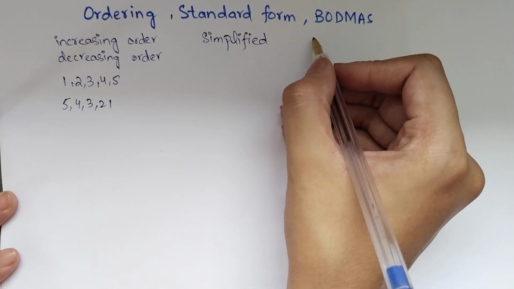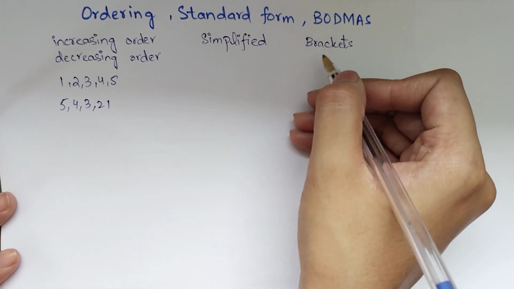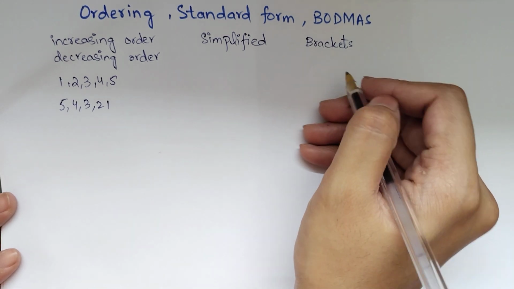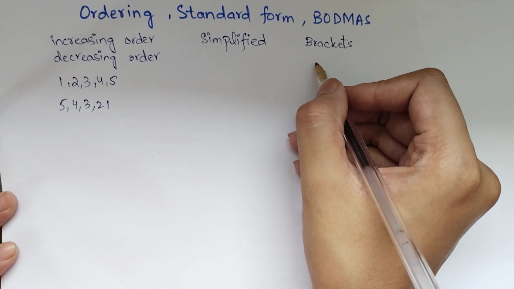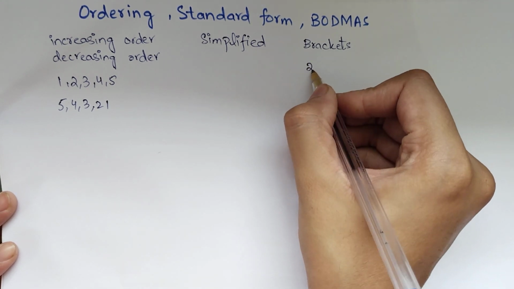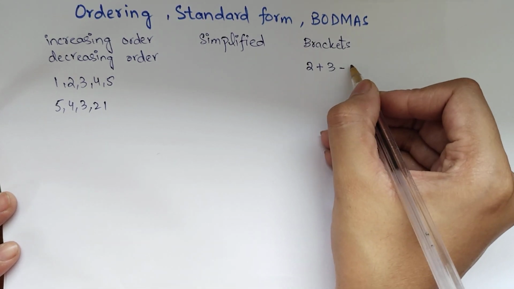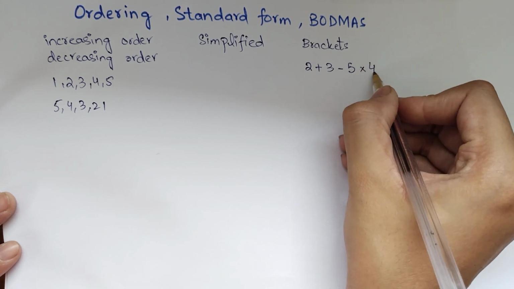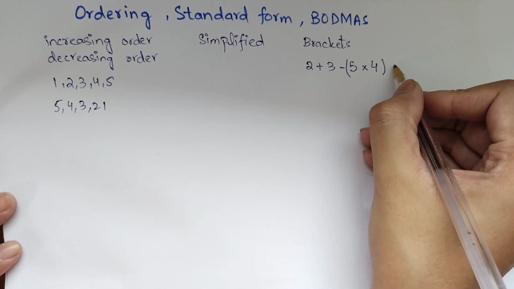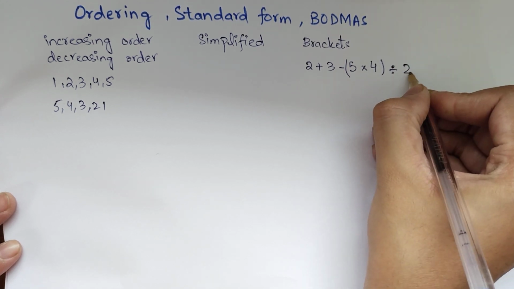And BODMAS means brackets, of, division, multiplication, addition and subtraction. It means if the question is given like this, for example, 2 plus 3, subtract 5 multiplied by 4, and next divided by 2.